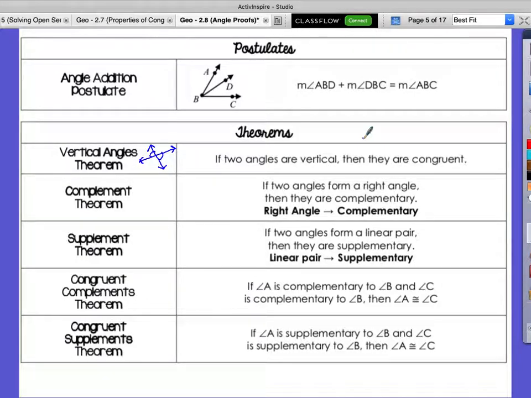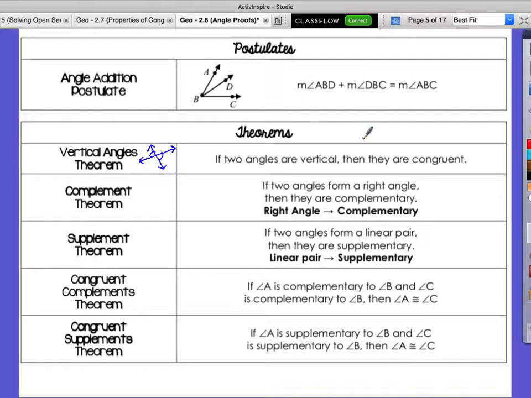Thank you. Okay, then we have our congruent complements theorem, okay? If angle A is complementary to angle B, and angle C is complementary to angle B, then angle A and angle C are congruent. Let me explain that. Okay. Casey, give me a measure between 0 and 90, not including those.